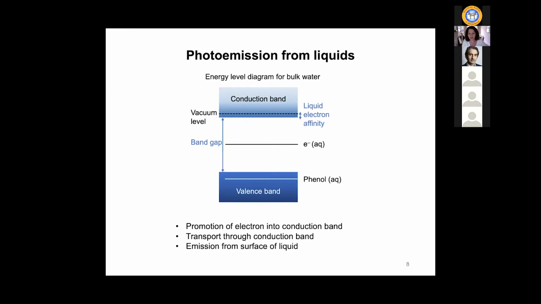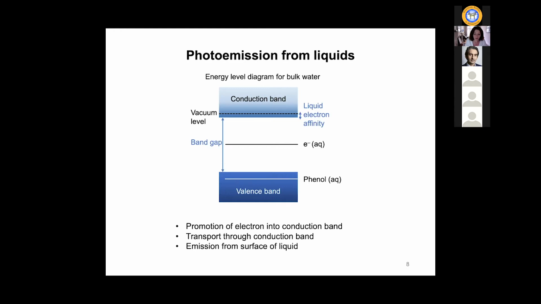So there are other challenges too. Having got the molecule in the liquid and understood its energy levels, and then promoted the electron, ionized the electron from the solute, the electron is then promoted into the conduction band of the liquid. And from there, it has to transport through the liquid, and then it has to be emitted from the surface of the liquid.